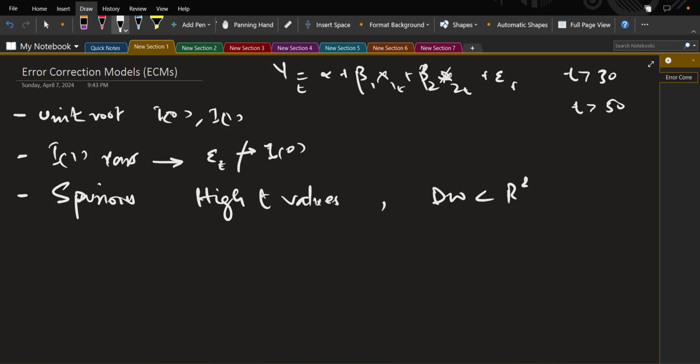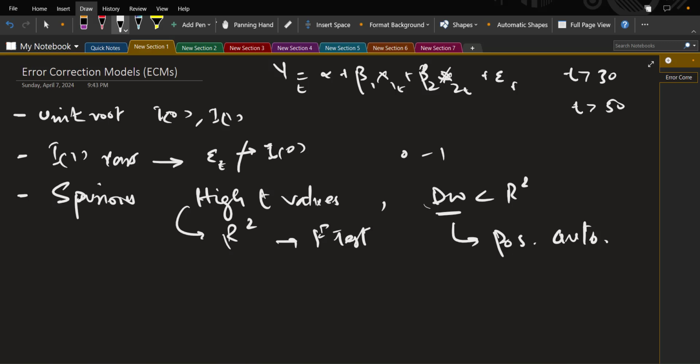High t values may lead to high r square and a significant f test of the model, but because of the non-stationary nature there is positive autocorrelation, which reduces the Durbin-Watson to between 0 and 1, so that it is less than r square. This is a symptom that the regression is spurious.